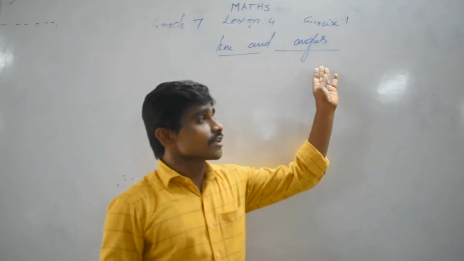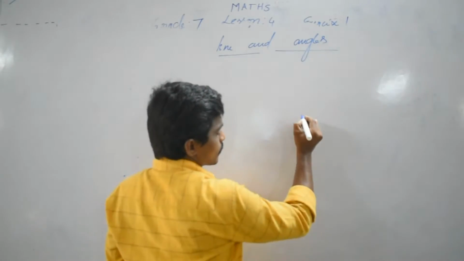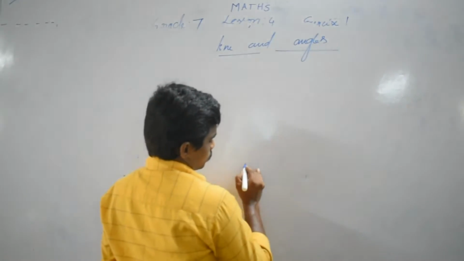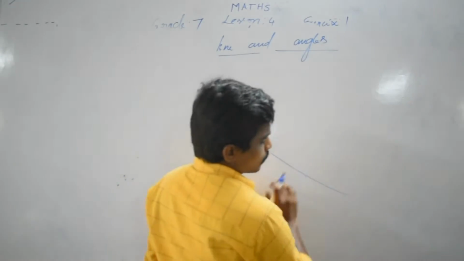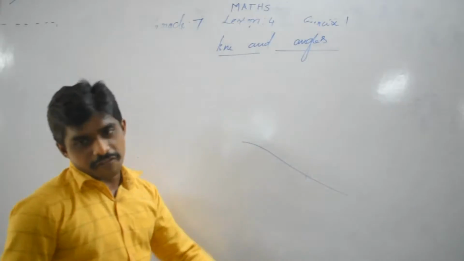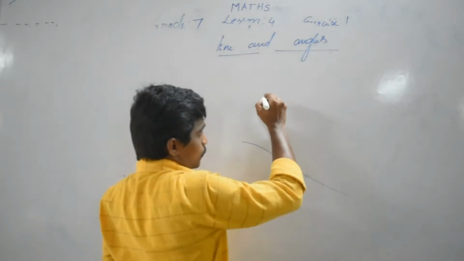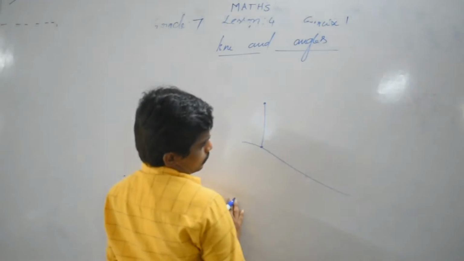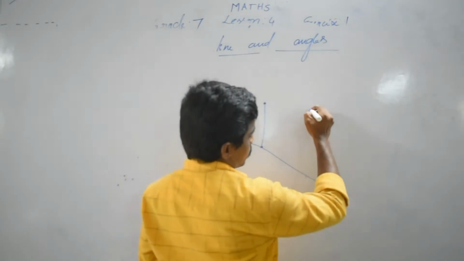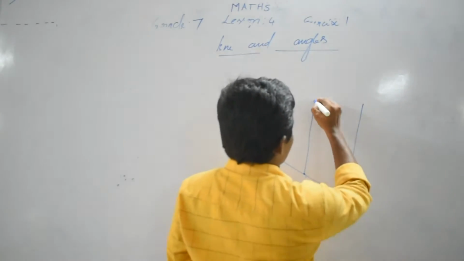So what is the use of an angle? For example, see, this is a land surface. Here you build one pole, here one pole, here one pole.